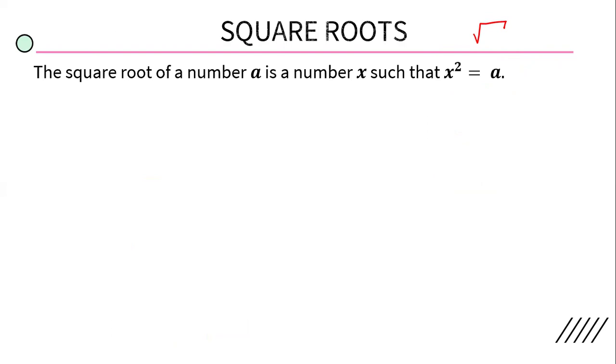We're looking for a number that, when multiplied by itself, gives us the number. So the square root of 4: we're looking for a number that multiplied by itself would give us 4, and that number would be 2.